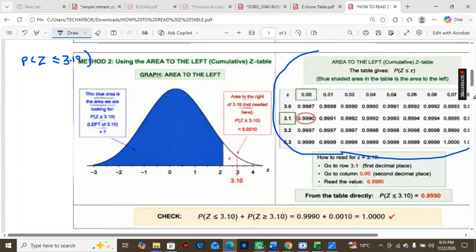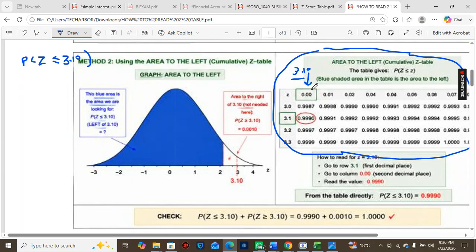How do you read 3.10 on the table? Have you seen, colleagues, this green box here? This represents the first two digits, 3.1. Then the last digit, 0, is represented by this 0.00 here.